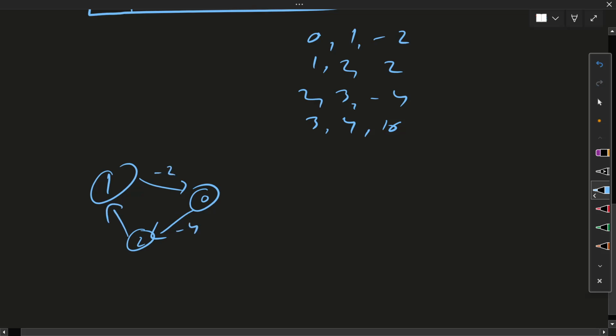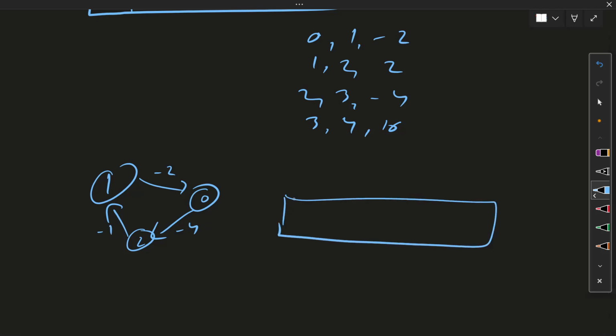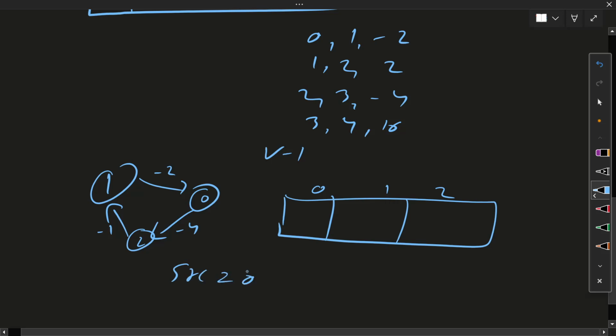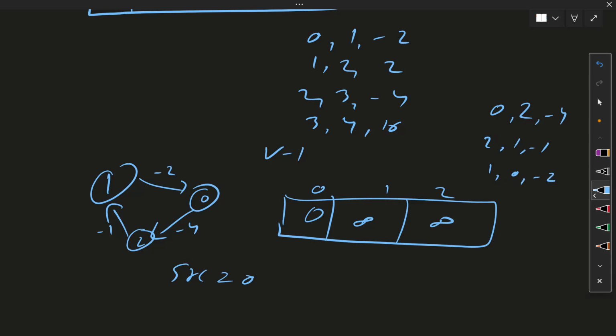Minus 2, minus 4, minus 1. So that's a negative cycle, and we have to do V minus 1 iterations. So 0, 1, 2. Starting node, let's say 0. So 0, infinity, infinity. The edges given are 0 to 1, 0 to 2 with 4, then 2 to 1 with minus 1, then 1 to 0 with minus 2.